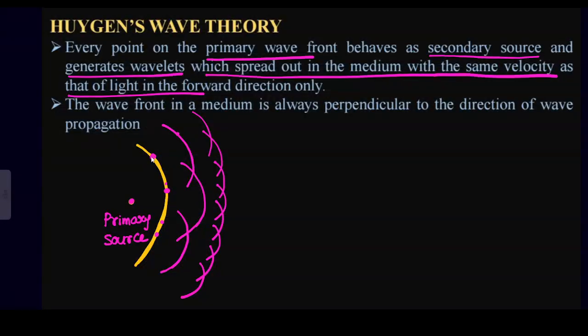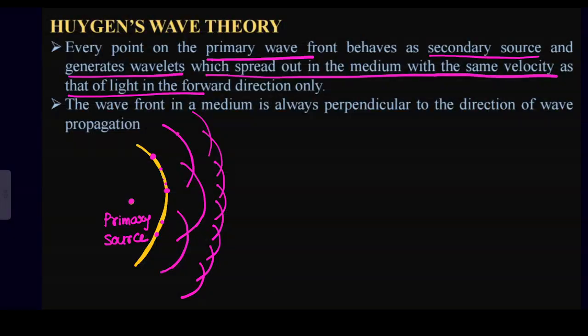Now this point also will generate waves. Each and every point will generate waves. This is called the primary source, and these points are called secondary sources. From that secondary source, the wave will behave like a source for the rest.